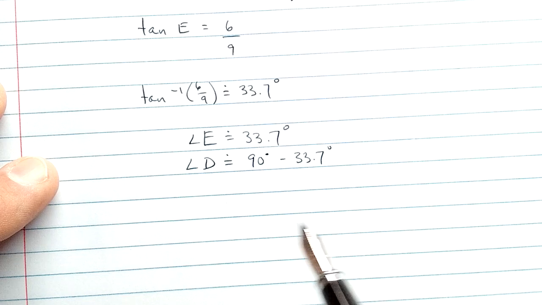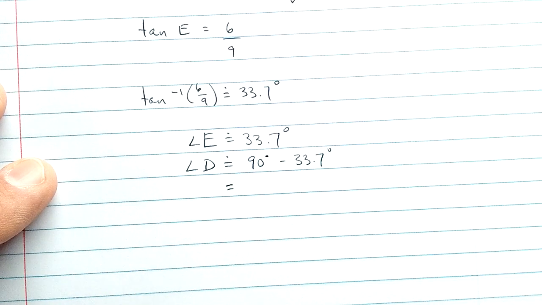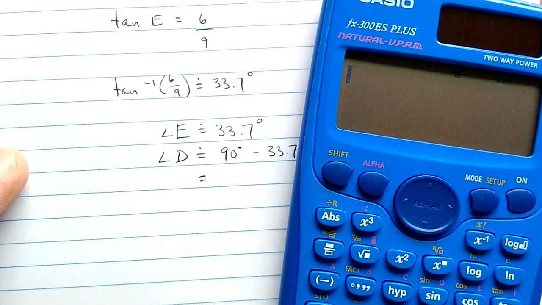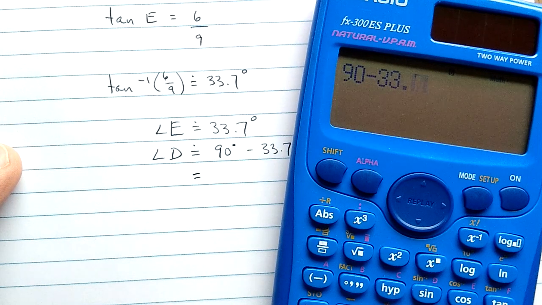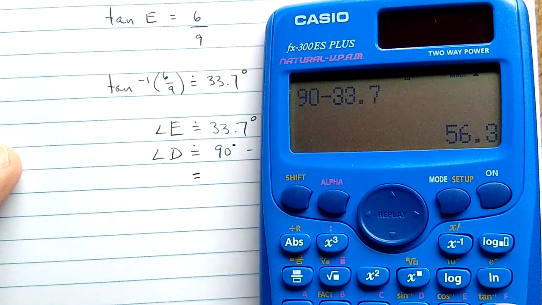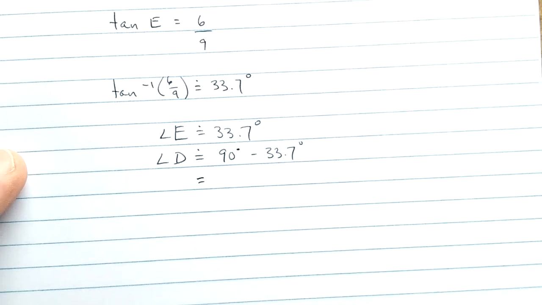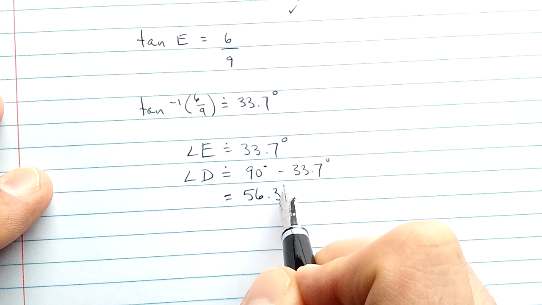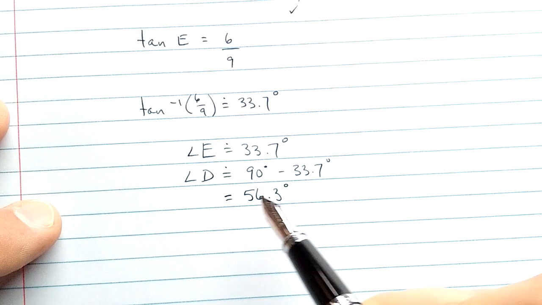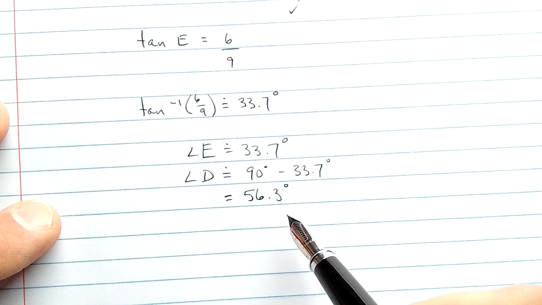I can just work with these 2. And so I often grab a calculator for this because it's easy to make a boo-boo and be off by 1, especially when you're making a video. 56.3 degrees. Yeah, that sounds great. Okay, so D is approximately 56.3 degrees.